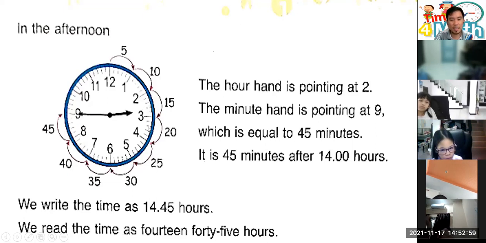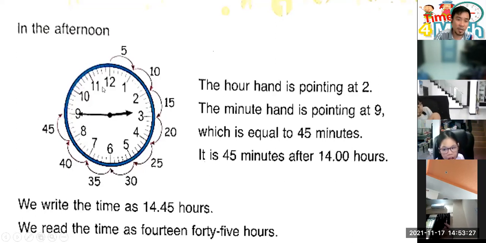So we can say that it is 45 minutes after 1400 hours. So we write this as 14 and then dot and then 45. 1445 hours.